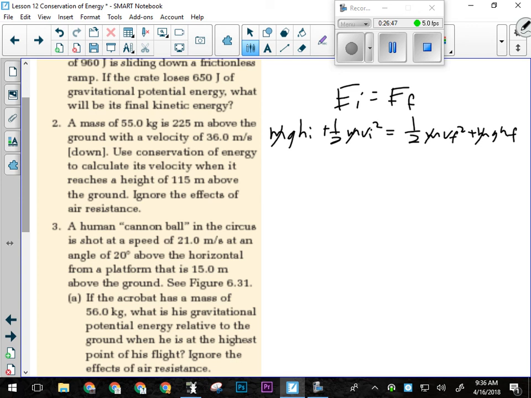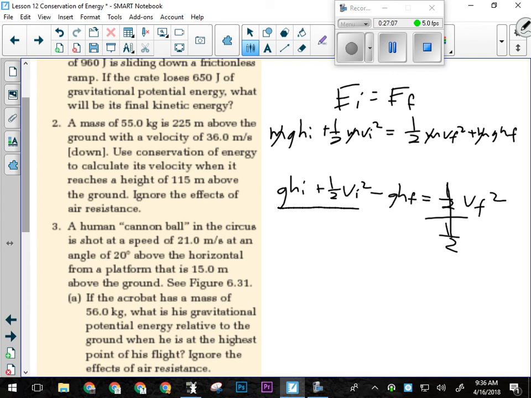All right, since I am looking for VF, I need to bring GHF over here, so I'm going to have GHI plus 1/2 VI squared minus GHF equals 1/2 VF squared. Still looking for VF, so I need to divide both sides by 1/2, and square root.